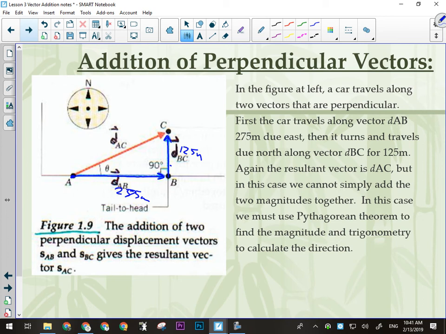So I ended up here. My total distance would be 275 plus 125, so it would be 400, but my displacement is which line? The red one. My displacement would be this line here. So how am I going to calculate my displacement?